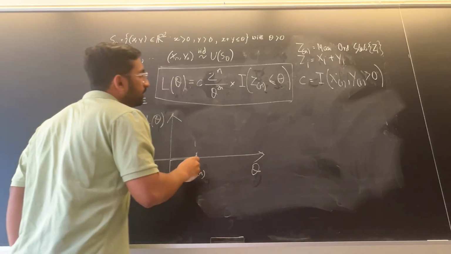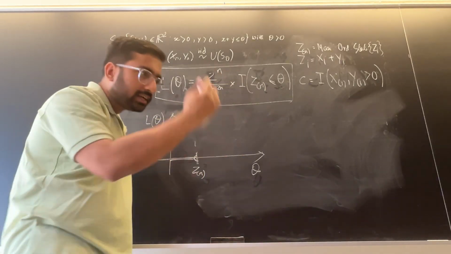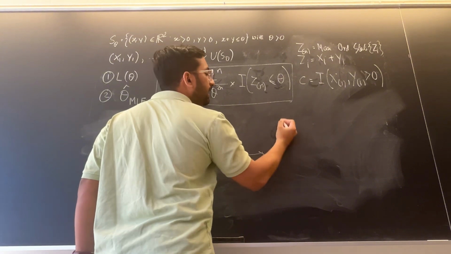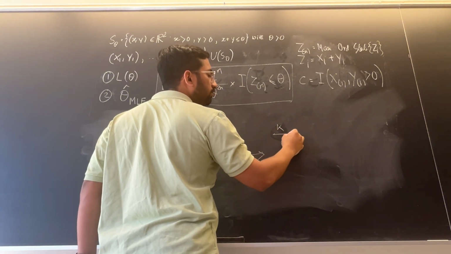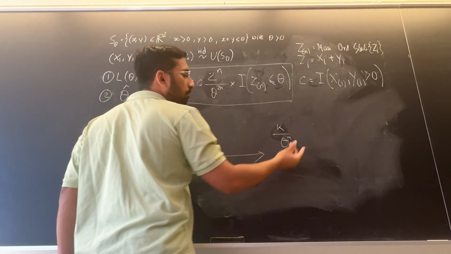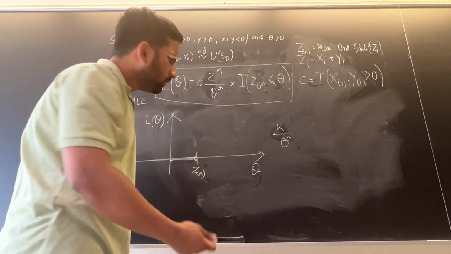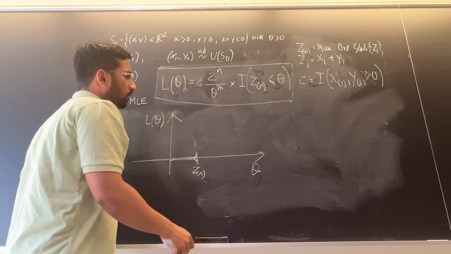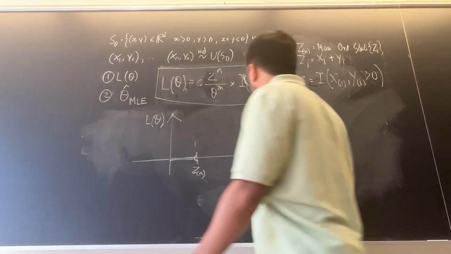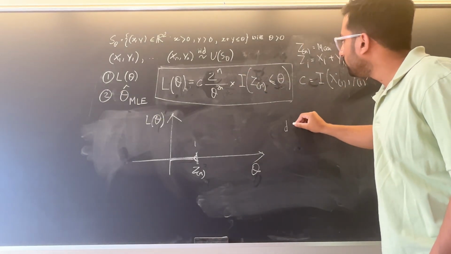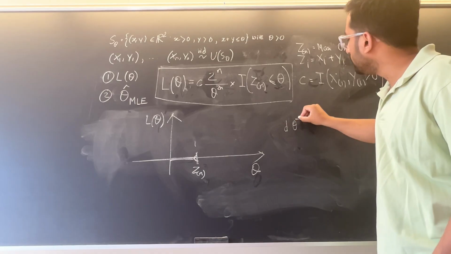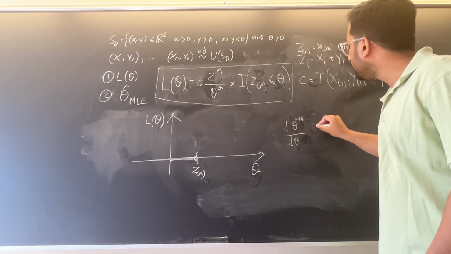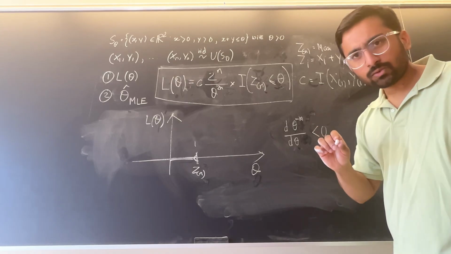Observe how this function looks. It's like some constant k divided by theta to the power m, so it's a decreasing function in theta. It's very easy to prove: you can just take the derivative of theta to the power minus m with respect to theta, and you will get a quantity less than 0.